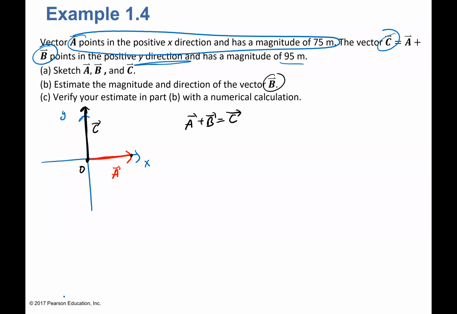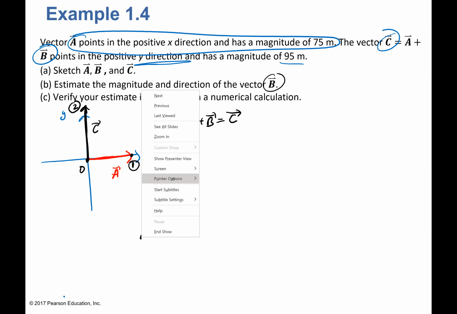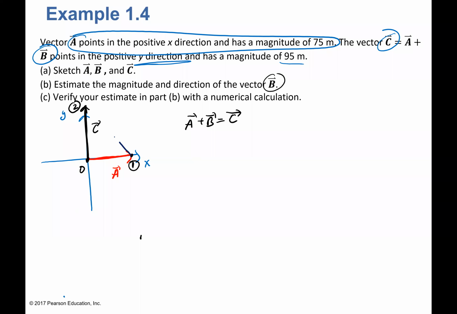The tip of vector A is always connected to point 1, and the tip of vector C is always connected to point 2. That means vector B should be connecting points 1 and 2, just like we had before. So vector B will be in that particular direction. This is my vector B, because this is the only way I can have A plus B, tip to tail, equal vector C.